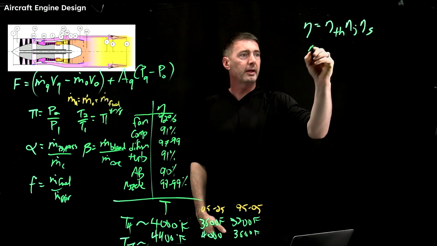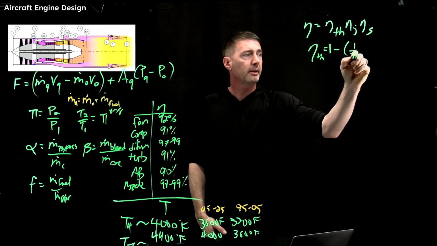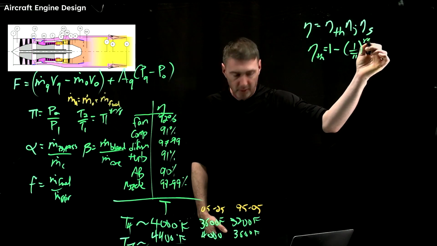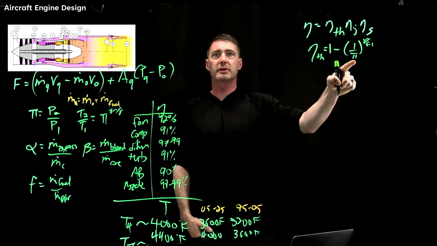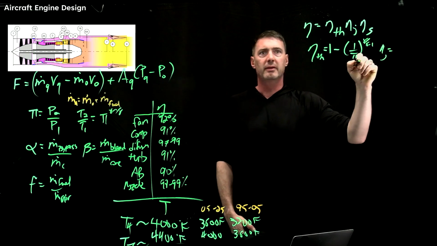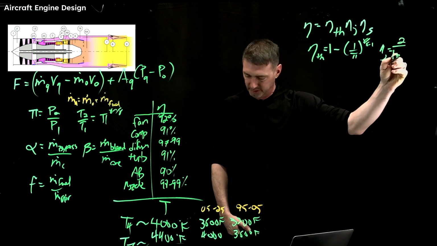Just as a reminder, your thermodynamic efficiency is basically 1 minus 1 over pi raised to the gamma over gamma minus 1. So compression ratio is driving efficiency. And then your jet efficiency, you can go work it. I know sometimes this looks a little funny. Go look at the derivation, and you'll see why it's not that funny at all.